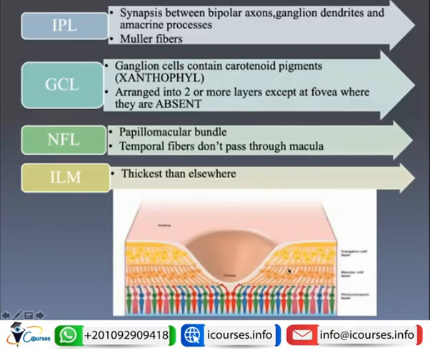So the light will enter the fovea and strike the central cones directly. Usually the ganglion cells in the macula are arranged into 2 or 3 layers, as you can see here, but in the fovea or the central fovea, it is absent.